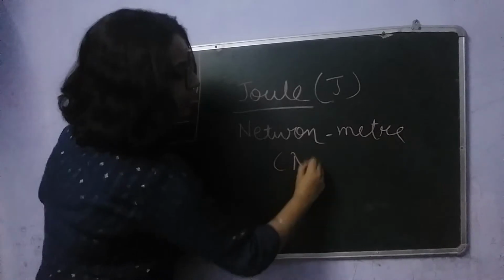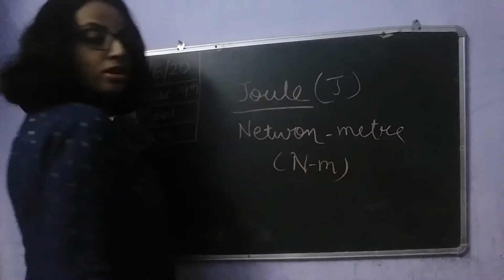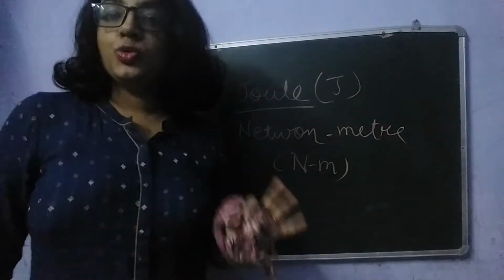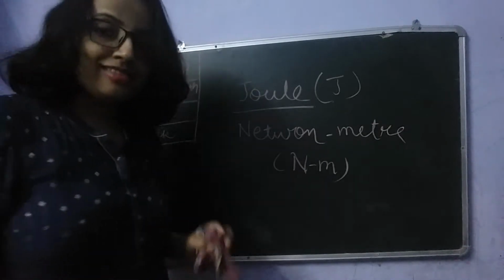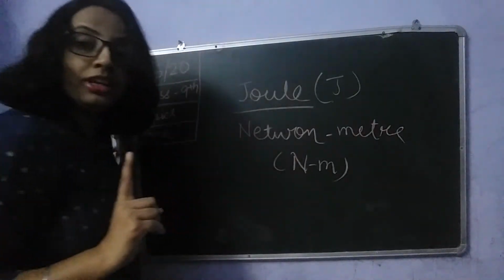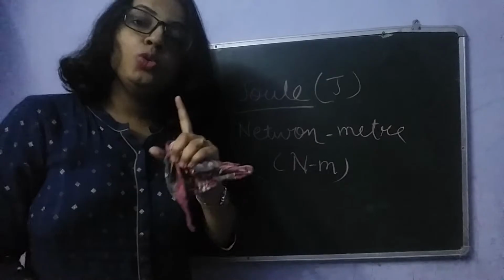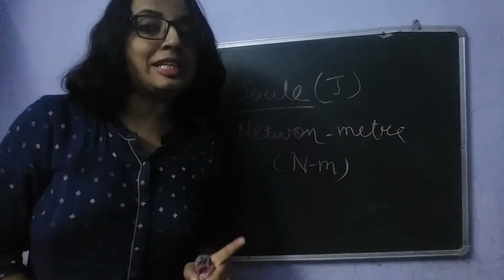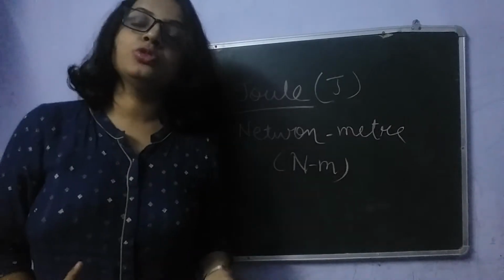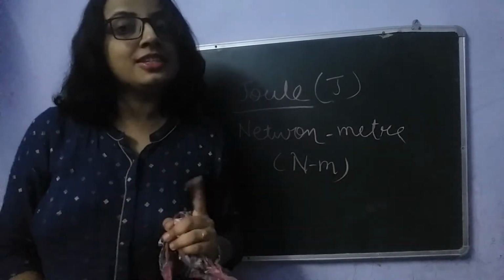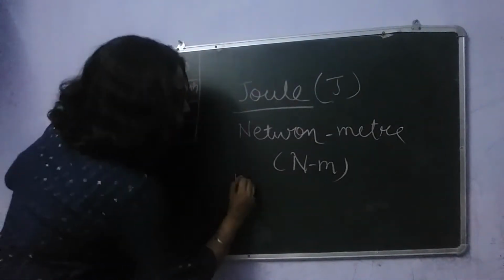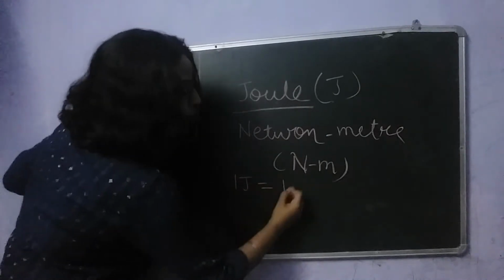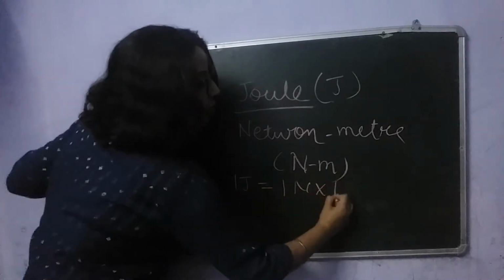So 1 joule is defined as when 1 Newton force is applied on an object, it creates 1 meter displacement in the direction of force, then 1 joule of work is done. So 1 joule of work is 1 Newton into 1 meter.